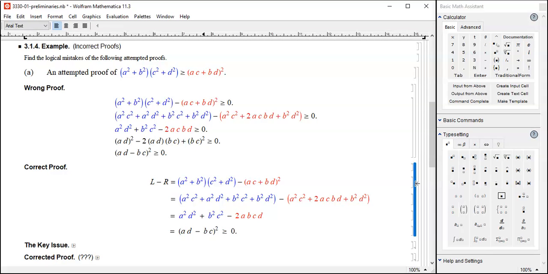What's the difference? Anything wrong from the first line? Blue minus red. They look exactly the same. How about the second line?